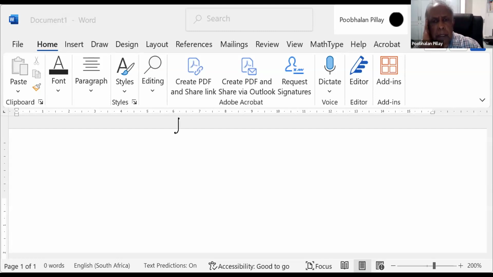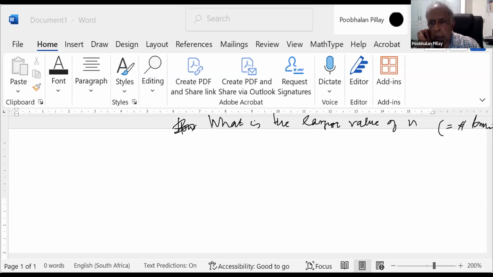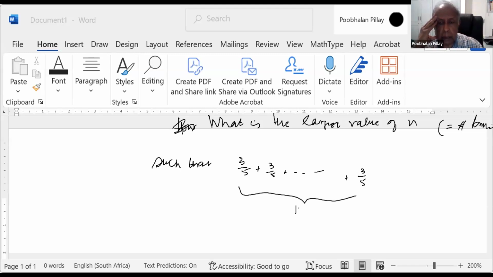So the question is, how many 3/5 are there in 10? Or otherwise, what is the largest value of n, where n is the number of times they meet, such that 3/5 plus 3/5 plus 3/5, n of them, the last time they meet before they cover 10 laps, is less than or equal to 10.